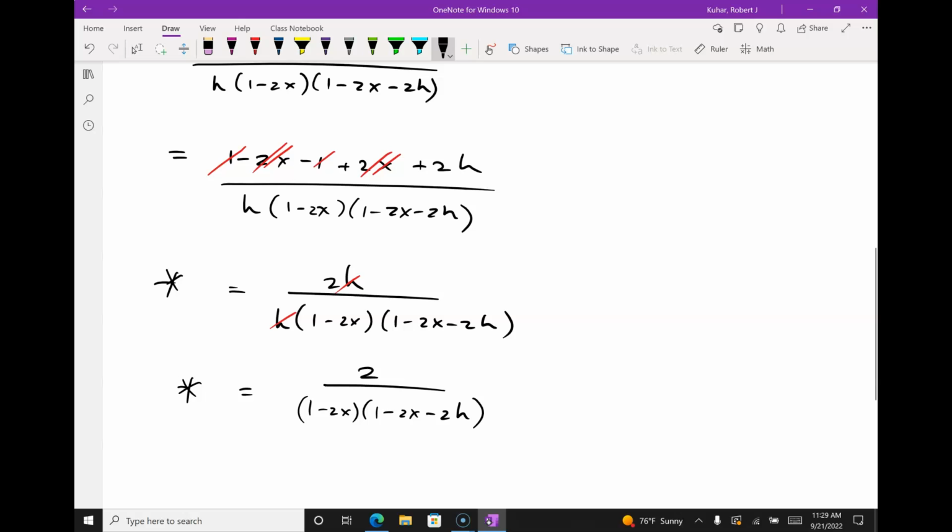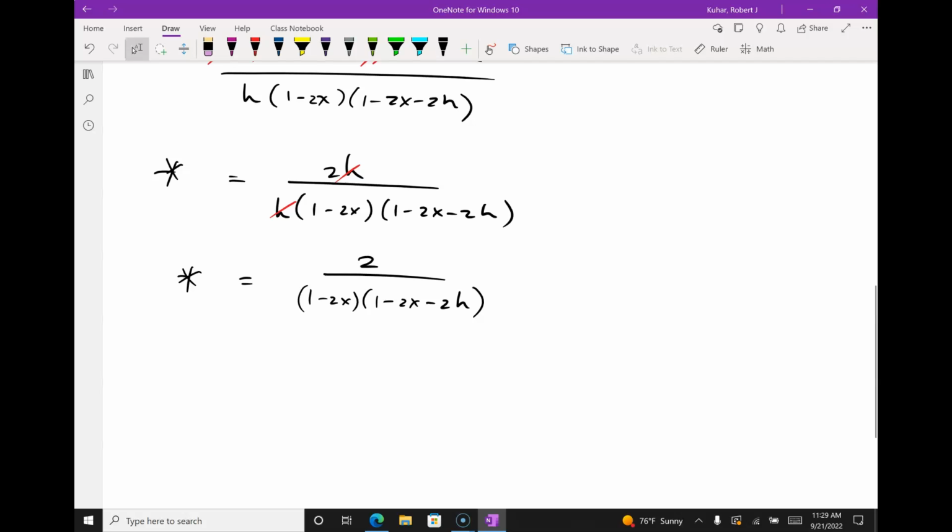What is this? The slope of the secant line for some x and for some distance later, h. But I don't want the slope of the secant line, I want the slope of the tangent line, so I'm going to let h go to 0. So f prime of x is the limit as h goes to 0 of star, and I'm going to just plug in 0 for my h.